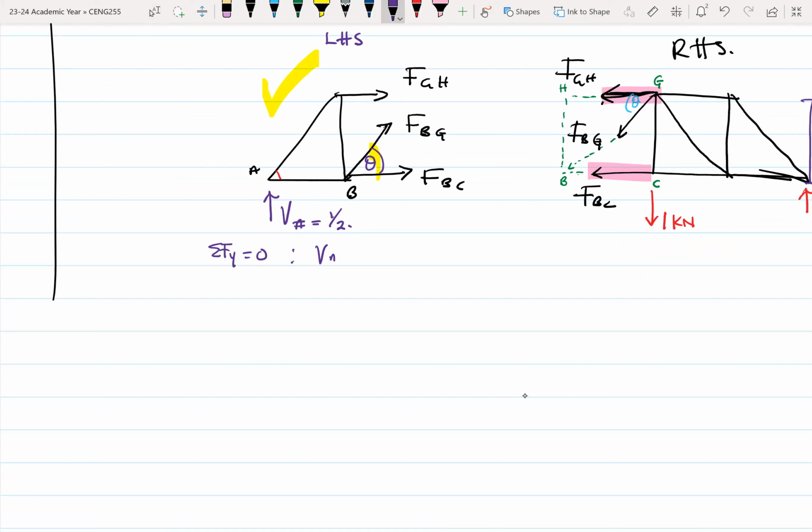So here VA plus the vertical component of FBG is going upwards, right? This is your FBG, and you have a component going upwards and one going this direction. This is FBG sine theta. Please take note of the position of the angle theta.